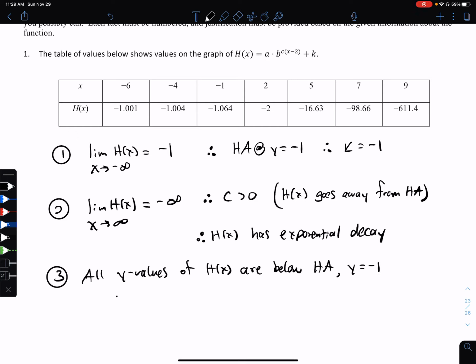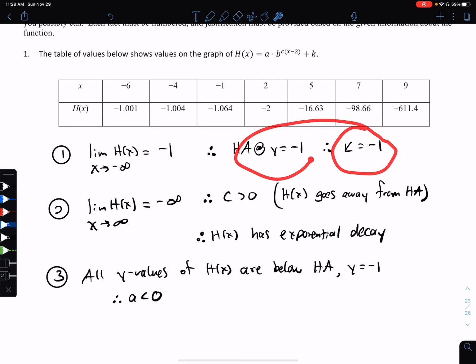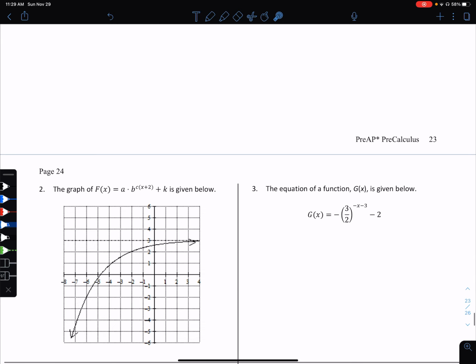That tells us that a has to be less than 0. So we know c is positive. We know a is negative. We know what the horizontal asymptote is. We know what k is. That's pretty good. Let's check out another one.